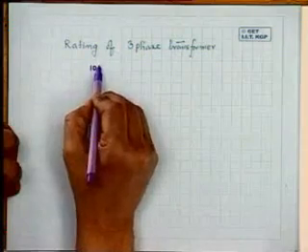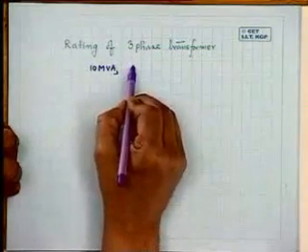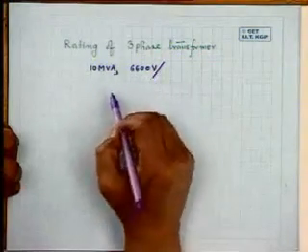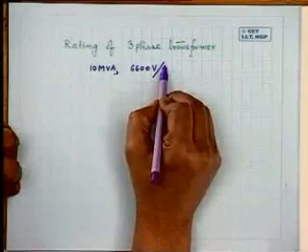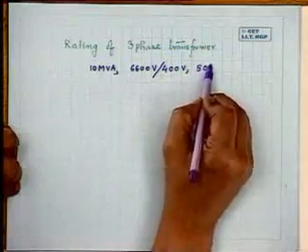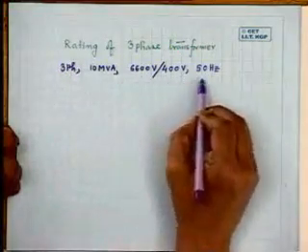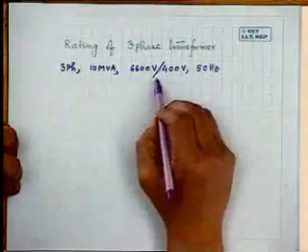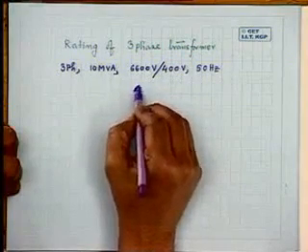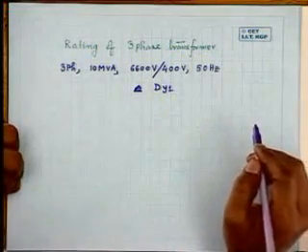Say 10 MVA, suppose I say. 6600 volt stroke 400 volt, 50 hertz, three phase. What else will be mentioned? The connection on the nameplate of this transformer. And perhaps it will be mentioned like this. Say delta, D, Y, say 1. Like this.